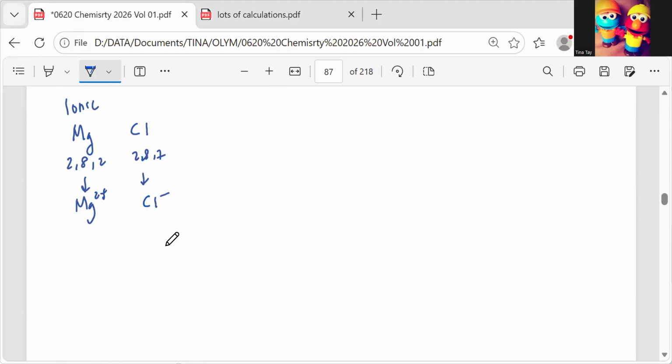So we know the ratio of magnesium to chlorine: magnesium releases two electrons and each chlorine receives one, so the ratio is 1 to 2. And so it becomes MgCl2.